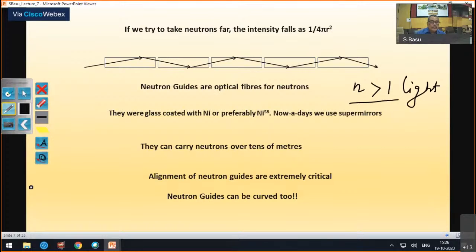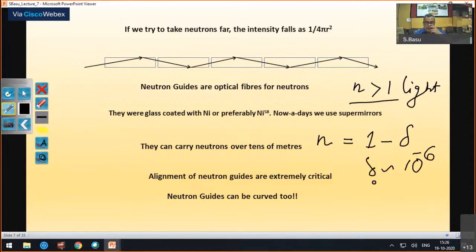That means when it tries to come out from the optical fiber. Here, in case of neutrons, the neutron refractive index is less than 1, by delta, and this delta is of the order of 10 to the power minus 6.